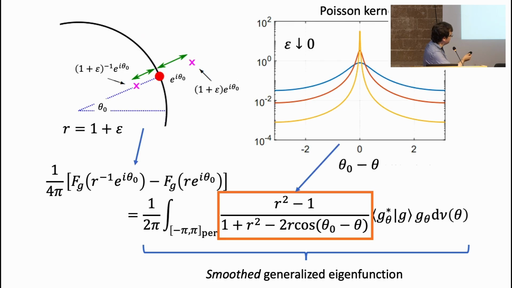So here's the picture. You evaluate just inside, subtract just outside. These guys get closer to the desired spectral parameter. As they do, this kernel becomes more and more localized around theta naught, and this gives you a sharper approximation of your generalized eigenfunction. So we're cutting up the continuous spectrum.